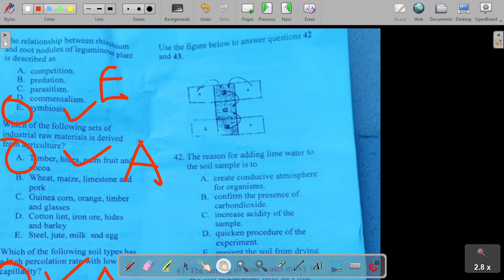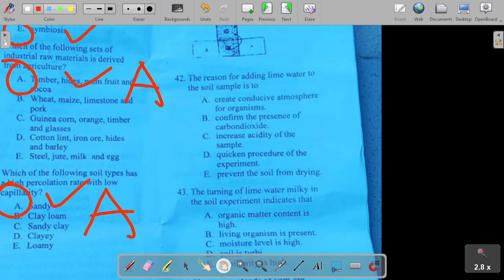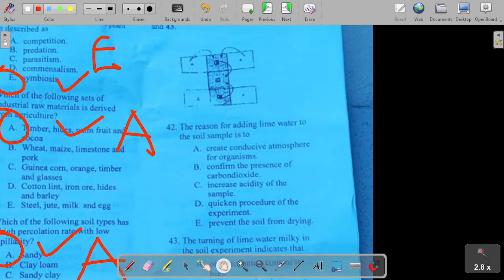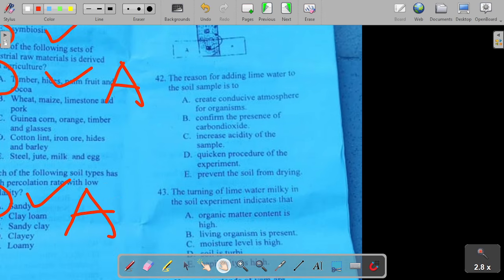Let's look at 42 to 43. Now 42, the reason for adding lime water to the soil. Lime water is basic. You add it to the soil. Number one, is used to test for carbon dioxide.